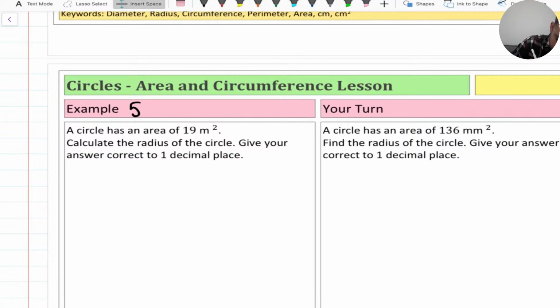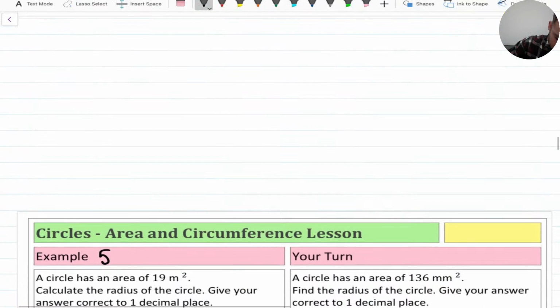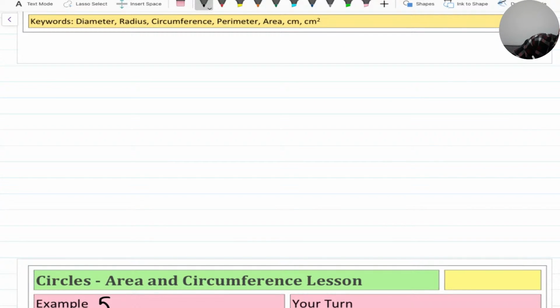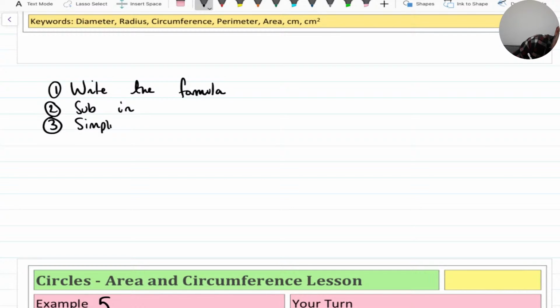The 4 steps which we spoke about when working backwards, and this is always going to come up, okay? These 4 steps are to, number 1, write the formula. Number 2, sub in. Number 3 was to simplify. And number 4 was to solve, working backwards.